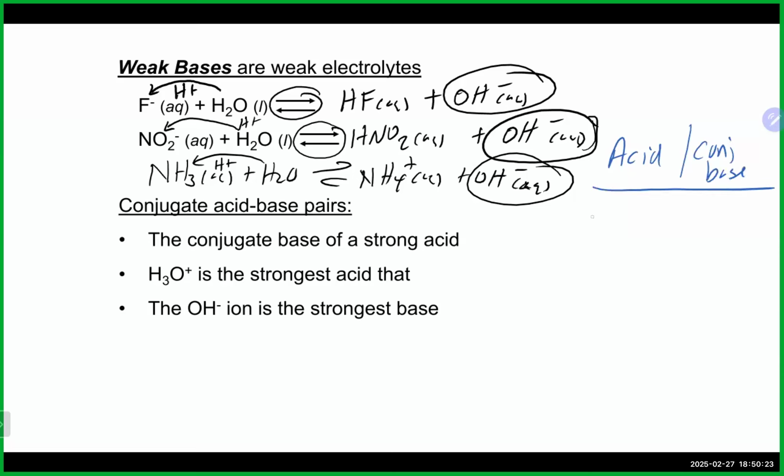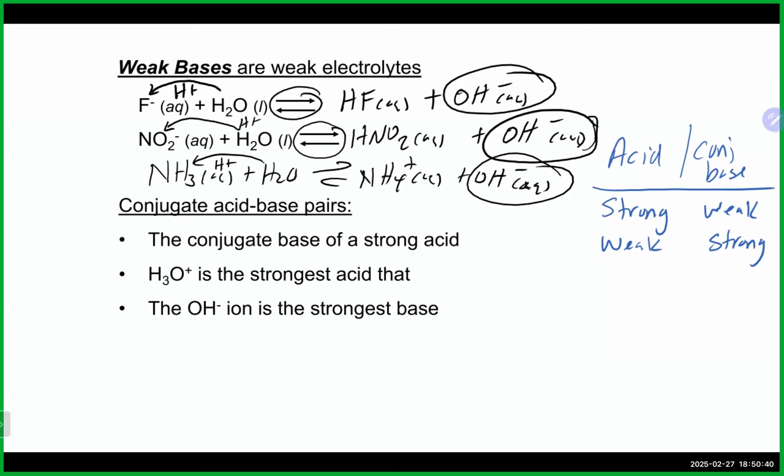If your acid is a strong acid, its conjugate base partner will be relatively weak. And the opposite: if you have a weak acid, its conjugate base partner will be relatively strong.